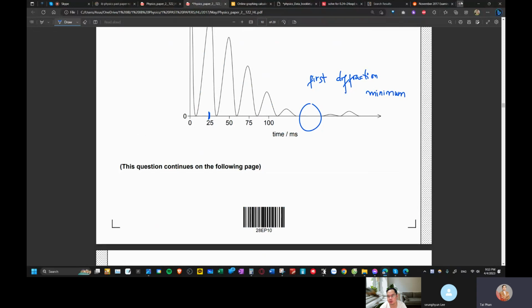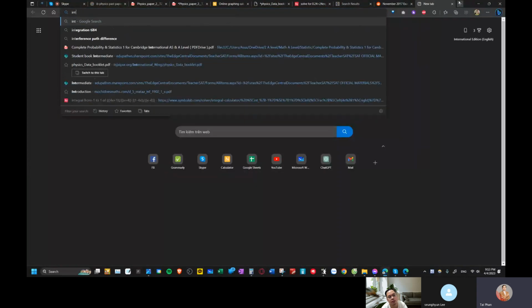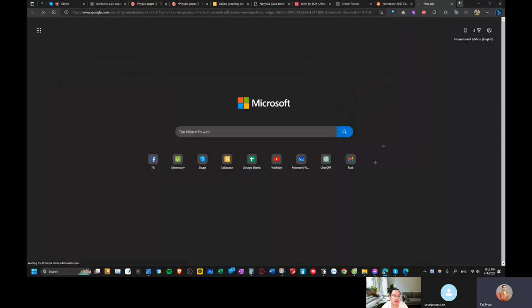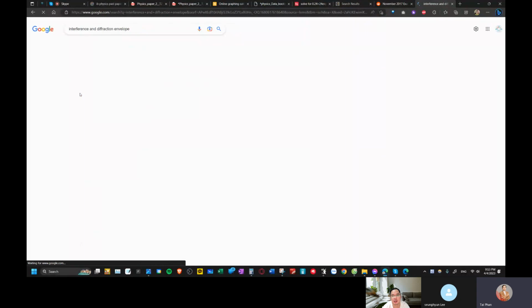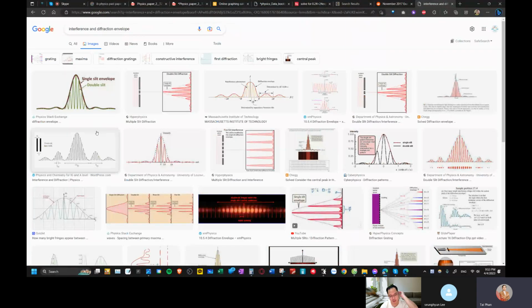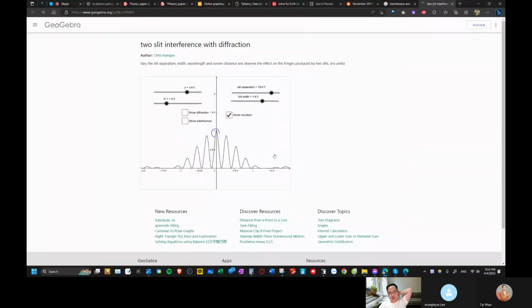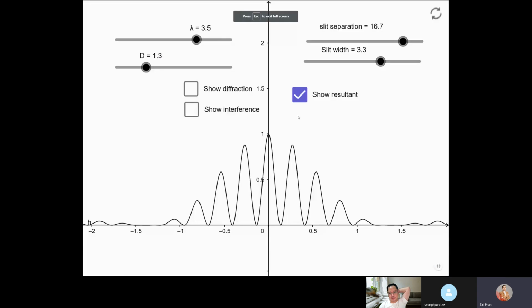Normally, when we do a double slit experiment, interference and the diffraction envelope, the diffraction also occurs at the same time as the interference. I don't remember if I showed you this before, but I showed many other students with GeoGebra.